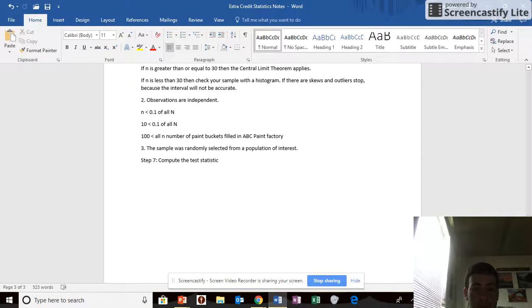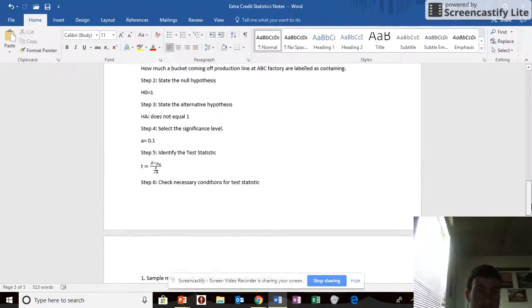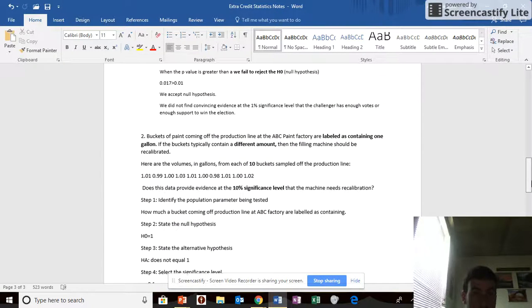And then you want to type in the name of your list. I named mine, again, BUCK. Leave your frequency as 1, and then where it says new, remember if we go back to our problem, it wanted a different amount. So click on where it says does not equal to. And then you want to hit calculate.